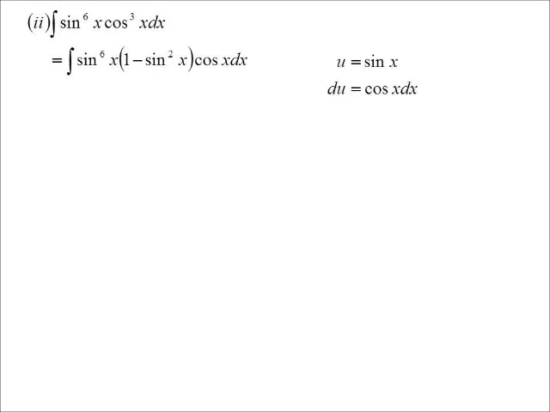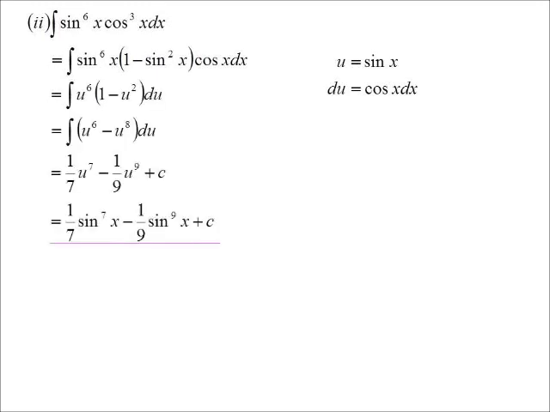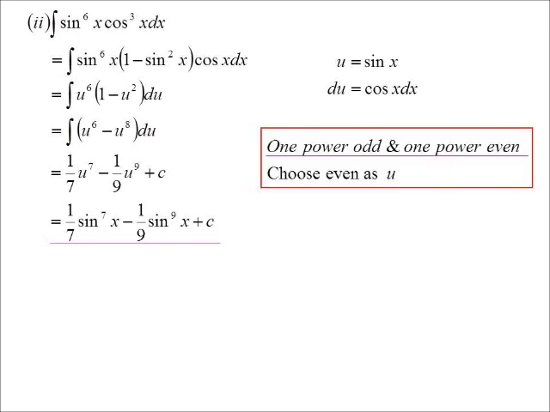I can now do the substitution. u equals sine x. du then is cos x, and we can just substitute in. And there we go. So if one's odd and one's even, it's always going to be the even one I'll have as u. So the odd one's the one that I end up rewriting.